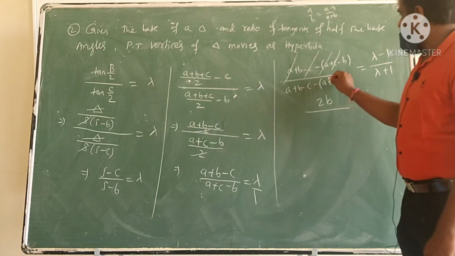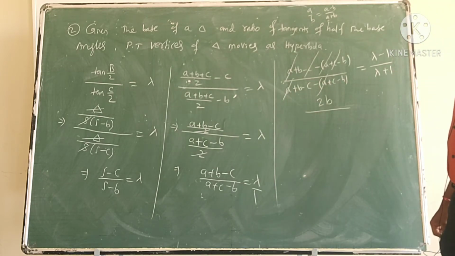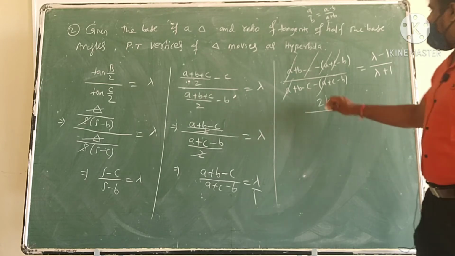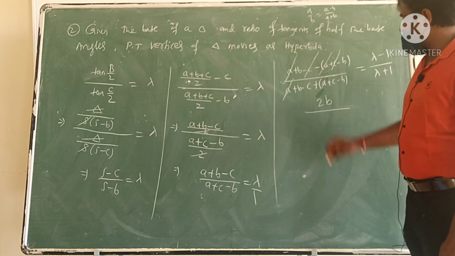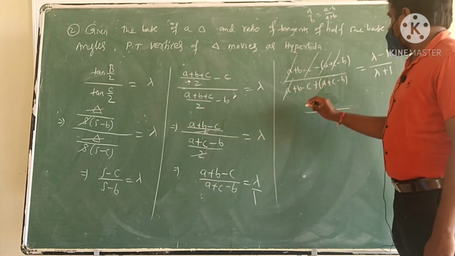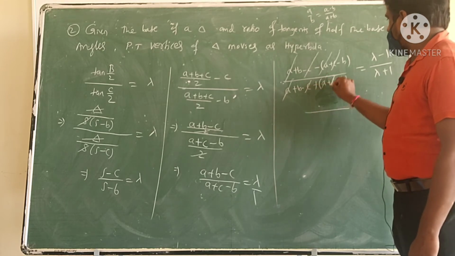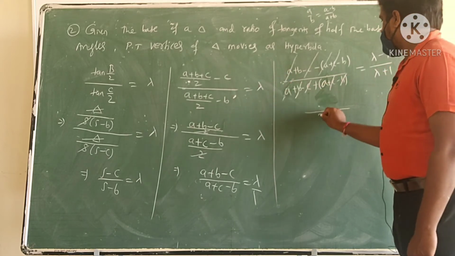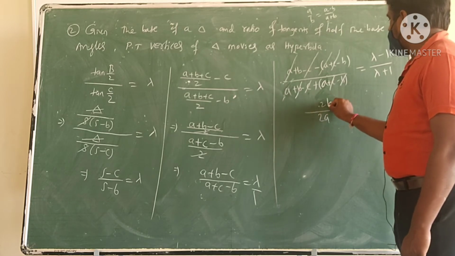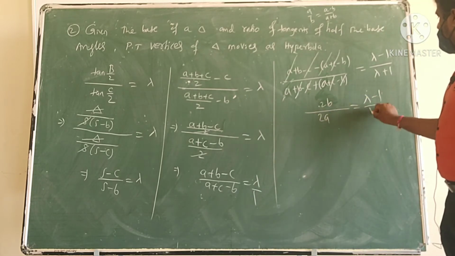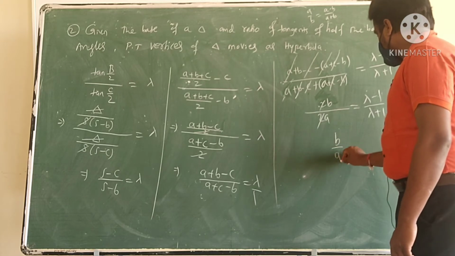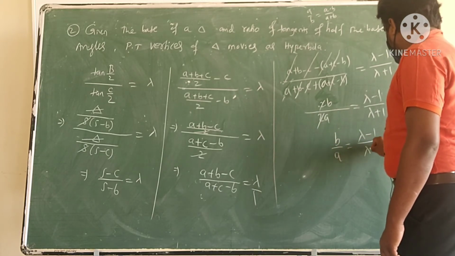Upon this a gone. हाँ, ये प्लस है ना, ओके ओके, एक माइनस है तो एक प्लस है. हाँ चलो, तो कौन जाएगा? माइनस सी प्लस सी गॉन, प्लस बी माइनस बी गॉन, ए प्लस ए 2a, राइट, 2a, और ये होगा 2b इज इक्वल टू लैम्डा माइनस 1 बाई लैम्डा प्लस 1, राइट. 2 gone, b by a is equal to lambda minus 1 by lambda plus 1.